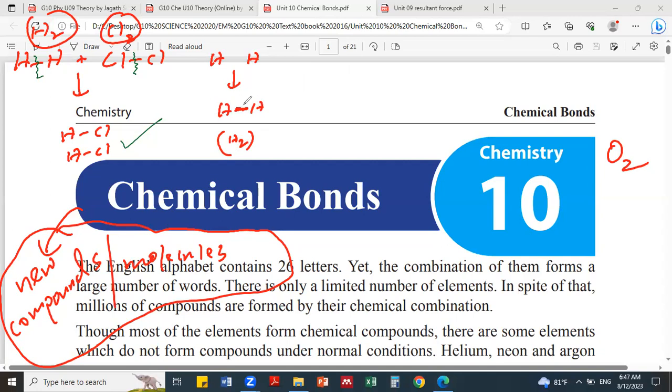We draw a small dash or line between the atoms to represent the chemical bond. And sometimes chemical bonds are formed between ions. When a chemical bond is formed between ions, we call it an ionic bond. Example, Na plus and Cl minus. Then you get NaCl, sodium chloride, salt in the kitchen.